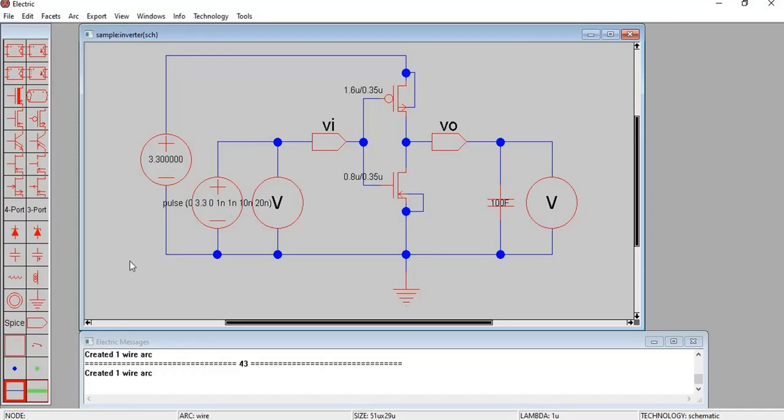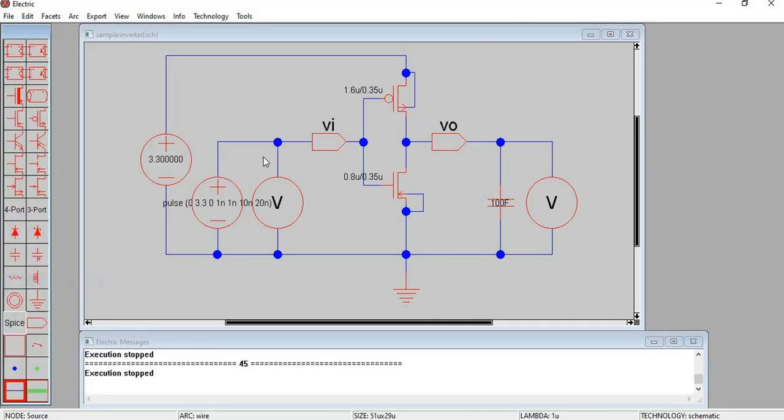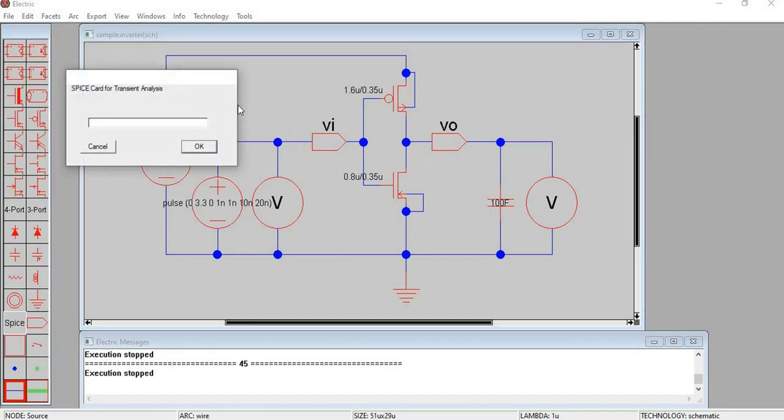If you use pulse, then we're going to use transient analysis. So from Spice, choose transient analysis, left click, then left click on any point on your workspace, and you're going to enter certain values.